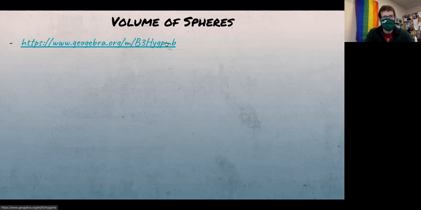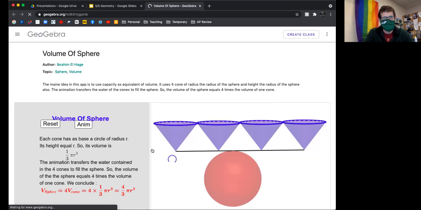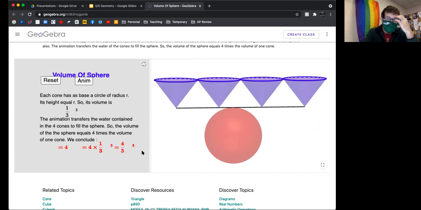But first of all, let's bring this up and let's look at what's going on in this diagram. Okay, so this is maybe not drawn to scale. This sphere right here is supposed to have the same circumference around it as these cones.